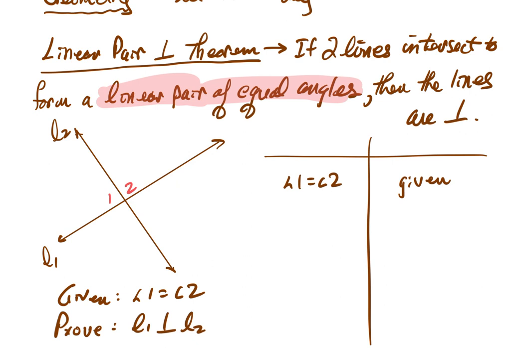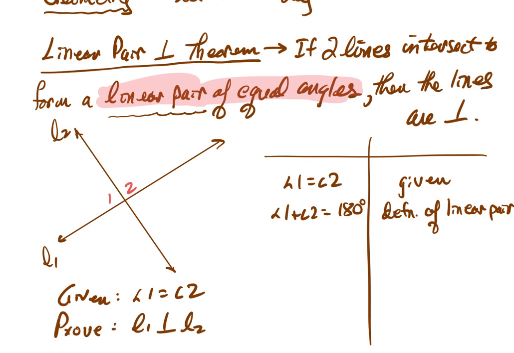And then next, we remember that since angle 1 and angle 2 are a linear pair, that means two angles that are supplementary. So two angles that add up to 180 degrees. So using the definition of a linear pair.